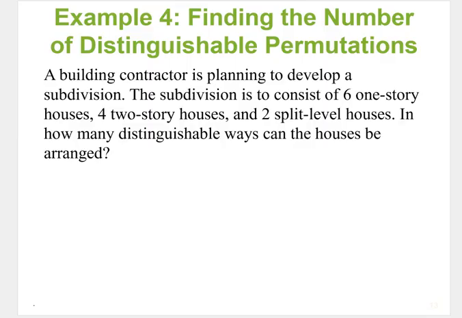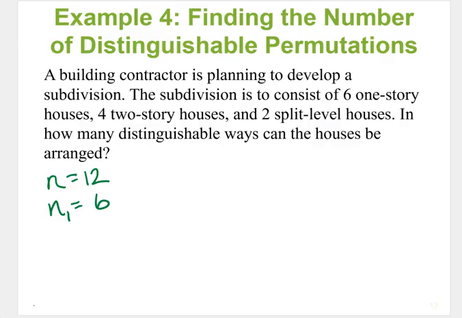A building contractor is planning to develop a subdivision, and the subdivision consists of 6 one-story houses, 4 two-story houses, and 2 split-level houses. How many distinguishable ways can the houses be arranged? First of all, there are going to be 12 total houses in this subdivision. Our N1 is the 6 one-story houses.